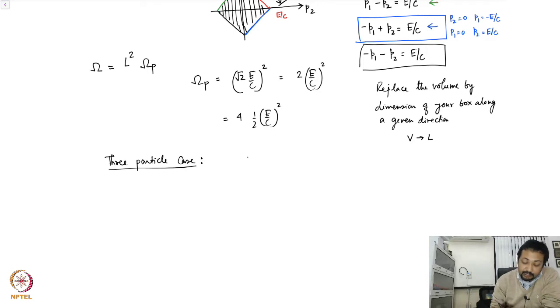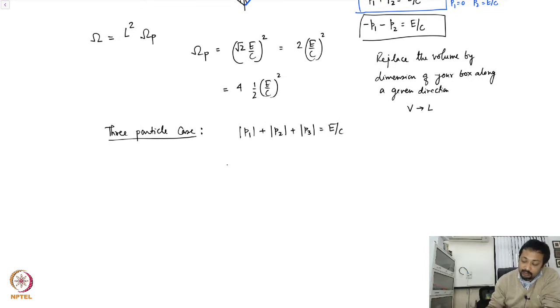For a 3-particle case, I have the sum over Pi, which essentially means mod P1 plus mod P2 plus mod P3, is going to be E over c. So I have a 3-dimensional momentum.